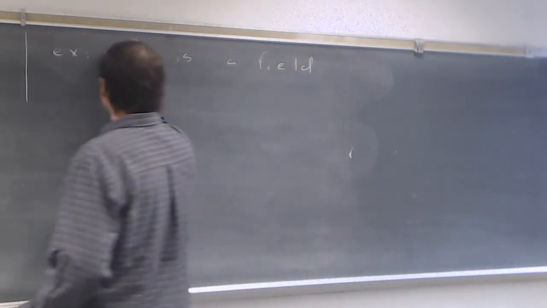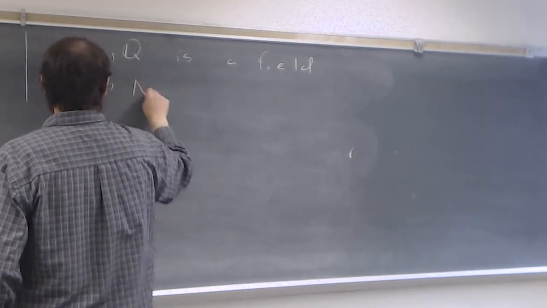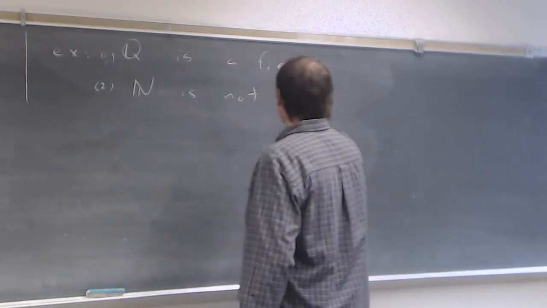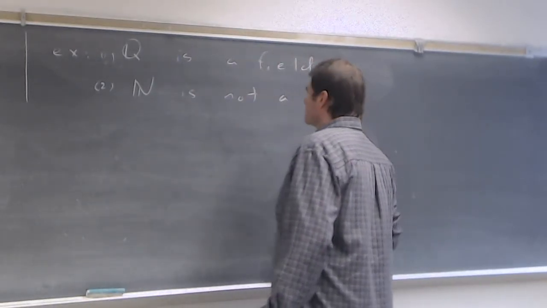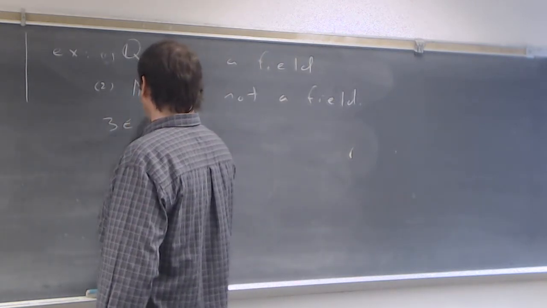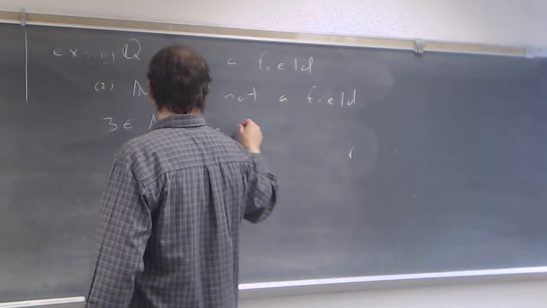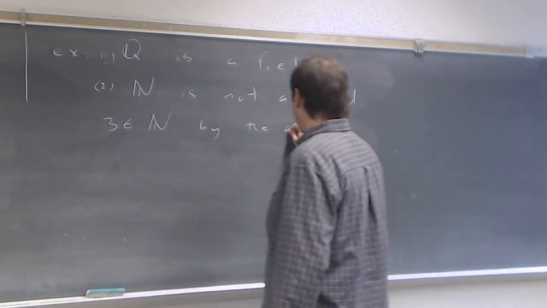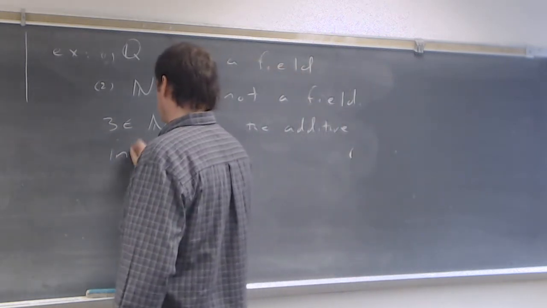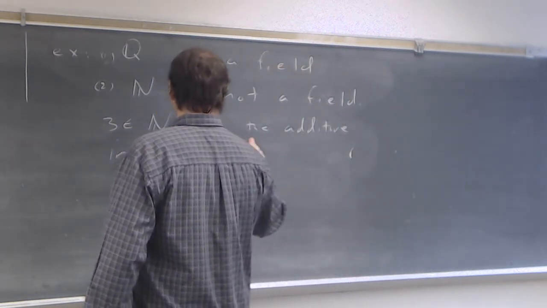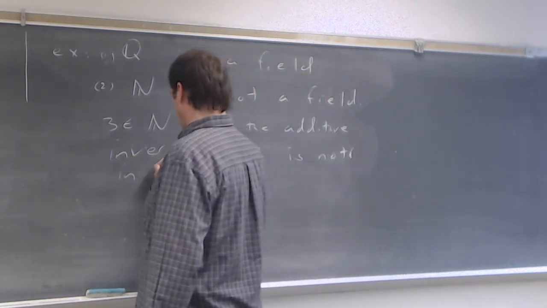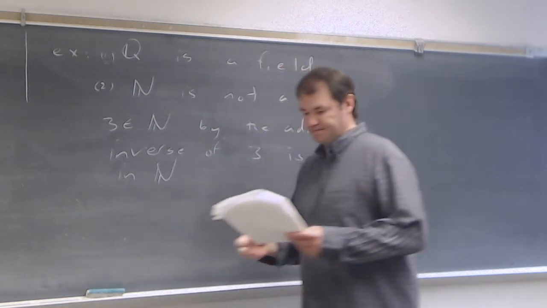And the set of natural numbers is not a field. One of the reasons it's not is that 3 is an element of the natural numbers, but the additive inverse of 3 is not in the set of natural numbers.